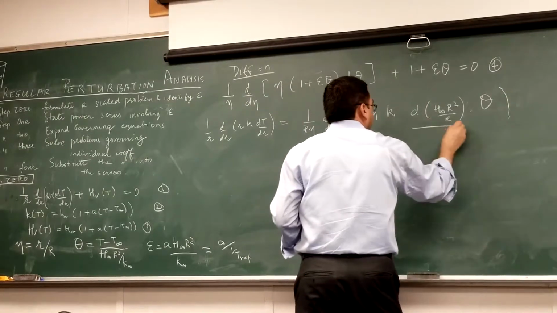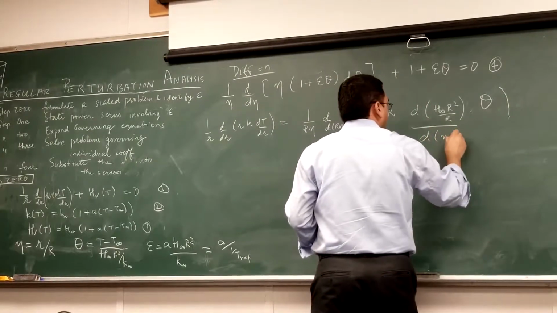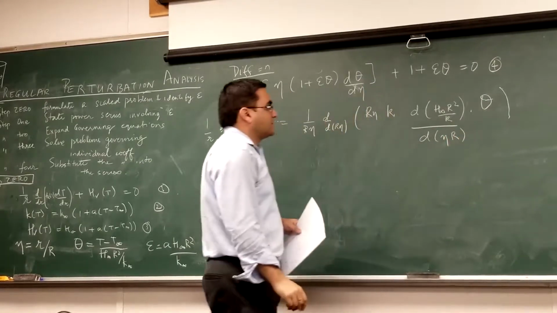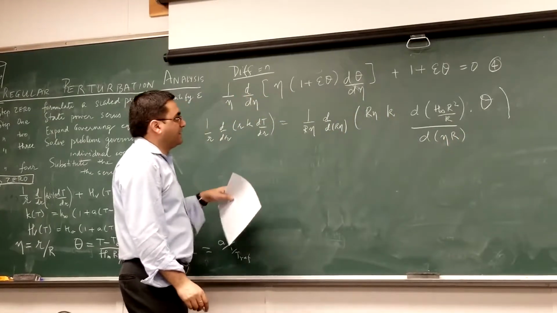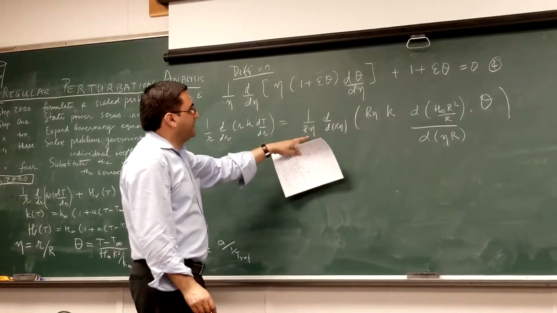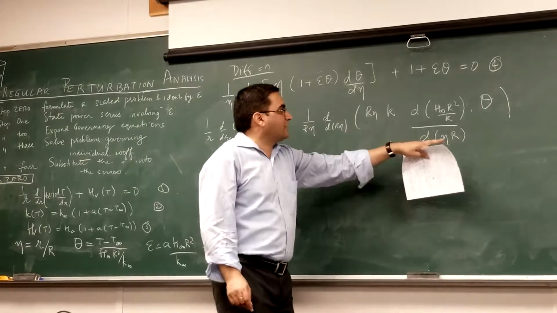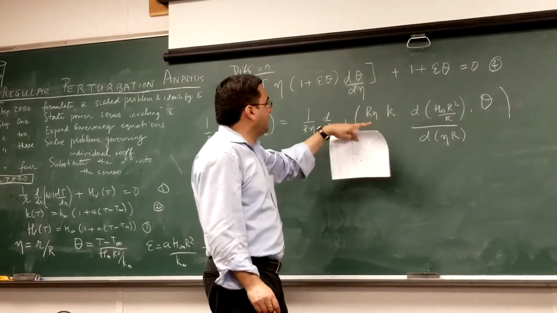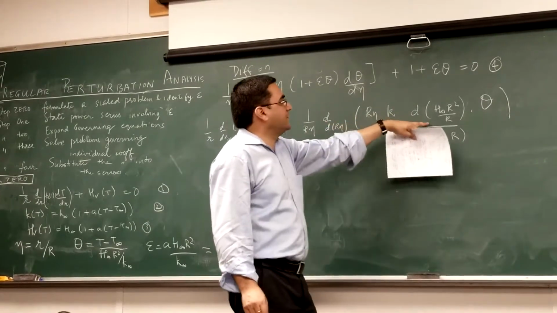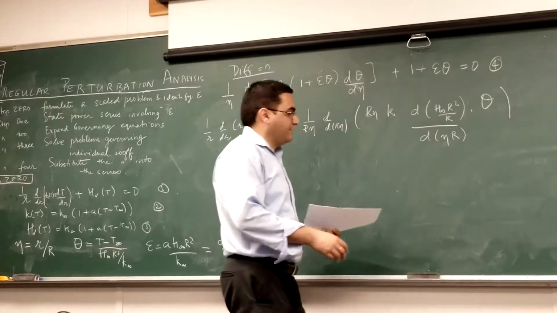And then I have downstairs. Of course, when you write it like this, you know everything you're scaling with, like this r and this r and this r, they are constant, so you can pull them out. And whatever is not a constant, you have to watch it when you're taking the derivatives.